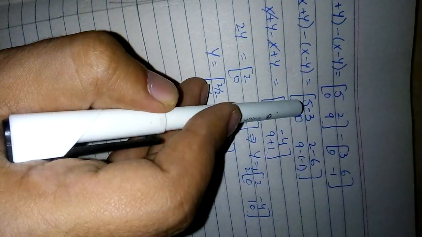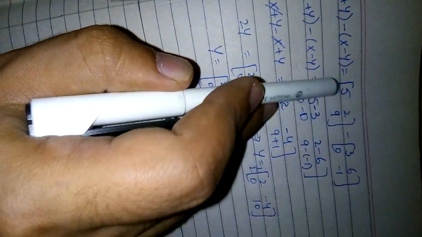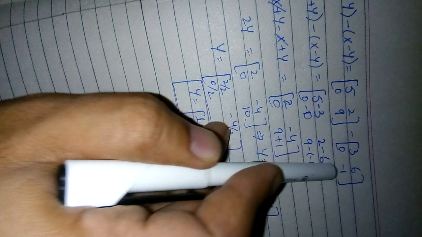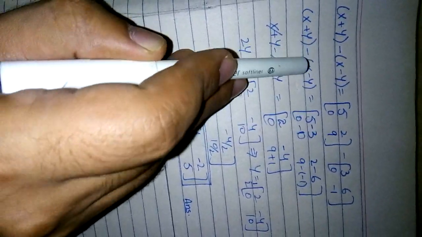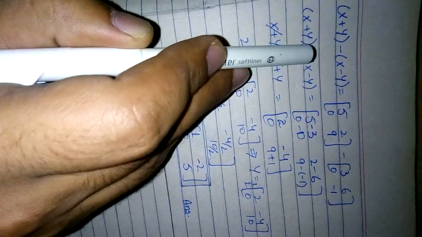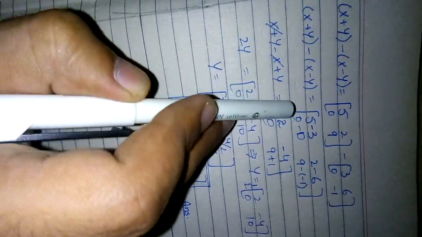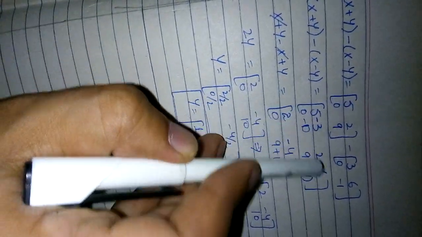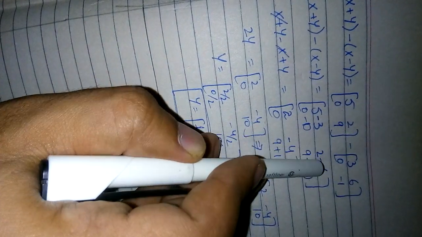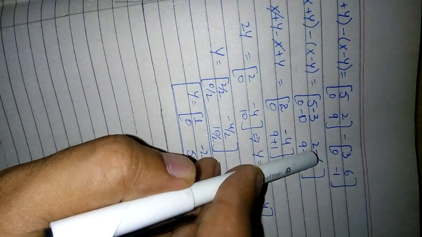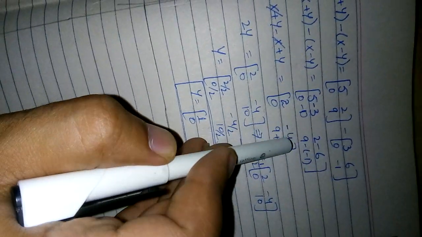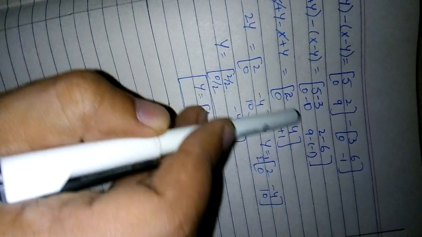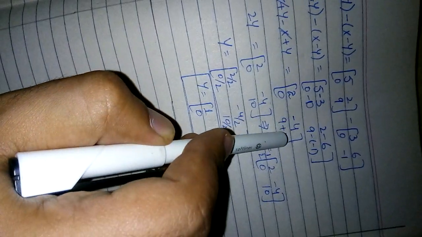So 5 minus 3, 2 minus 6, 0 minus 0, 9 minus minus 1. x plus y minus x plus y equals 5 minus 3 is 2, 2 minus 6 is 6 minus 2, 4, and the sign will be that of the larger number, negative 4. 0 minus 0 is 0, minus minus is plus, 9 plus 1.